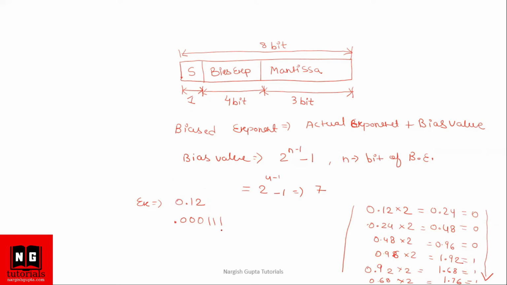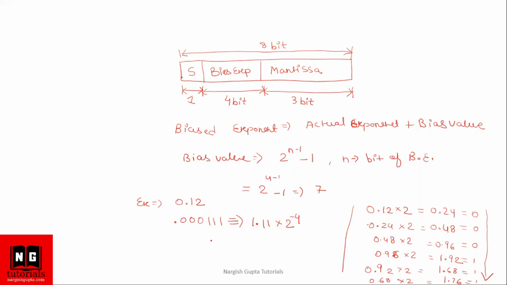Now let's convert it into the normalized form. What we have to do is float the point after the first most significant bit, the first 1 bit. So we will write it as 1.11 times 2 to the power minus 4, as the decimal is shifted.